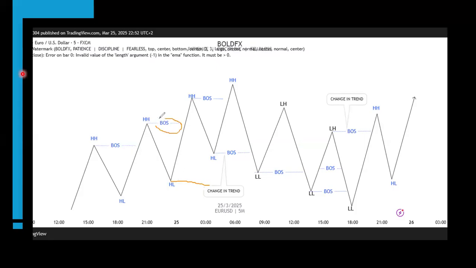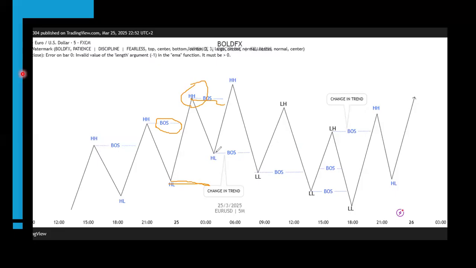It has created a break of structure. So what I would do is mark this out as my strong higher low and this as my weak higher high.